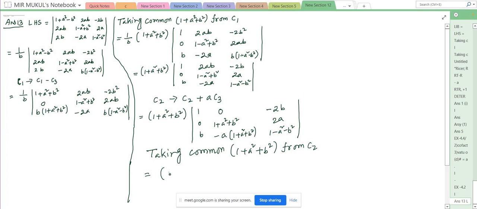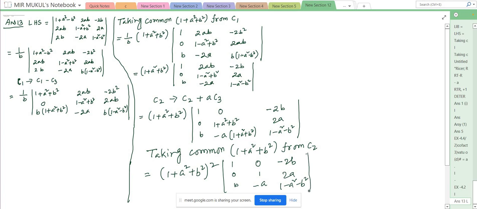Then you will get 1 plus a square plus b square whole square, and here 1, 0, b, here 0, here 1, here minus a, and here minus 2b, 2a, 1 minus a square minus b square.